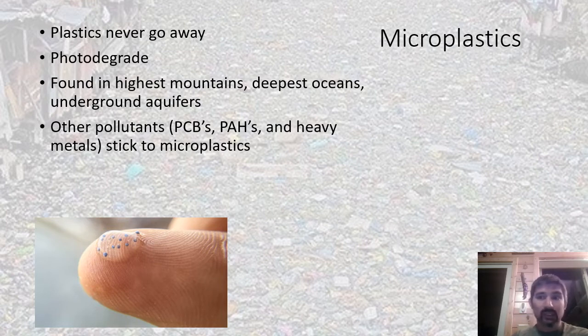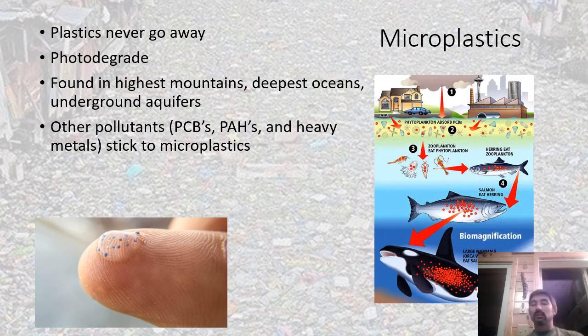We can still see these microplastics. Microplastics can be as small as 1 nanometer, and of course I can't show you that because we can't see a nanometer. We need a microscope. And so microplastics are small enough not only to get inside of animals and big things, but they can also get inside of single-celled organisms or even bacteria.